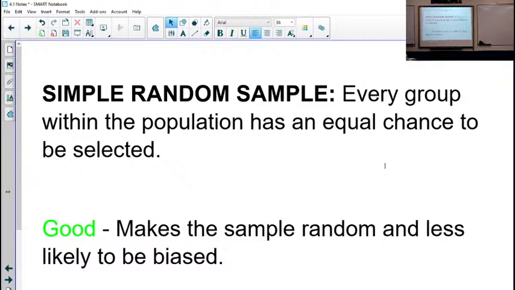Here's what you want to write down. Simple random sample. This is abbreviated SRS. That was when we took the table of random digits or the random int on the calculator and gave us a sample at random of 5. So that's on the page that's headed with sampling methods.